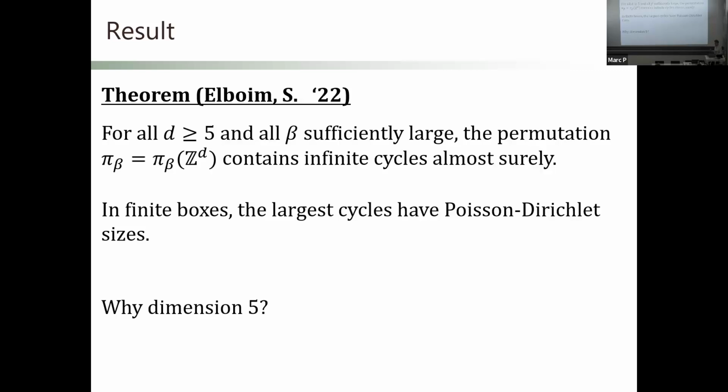So what's special in dimension 5 and higher is that if I take 2 independent random walks and look at their future trajectories, there's a positive probability that they never run into each other. Their paths are completely disjoint. And this is not true in dimensions 3 and 4.